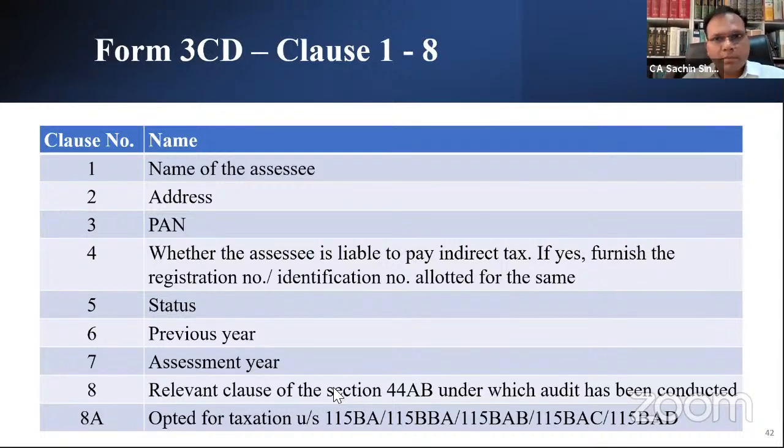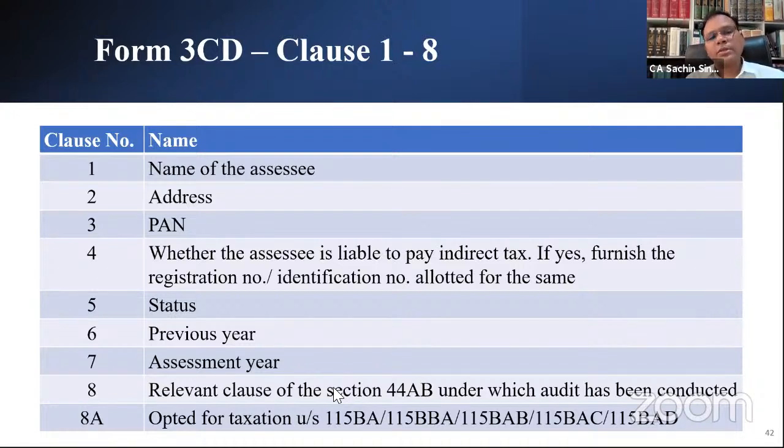I think this time the numbers are equal, with someone saying SSC and someone saying business, so I cannot go with both. The 3CD report or the tax audit report is only for the business and not for the SSC. Why so?